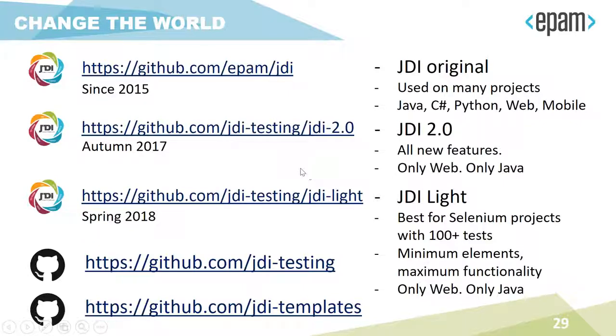In the autumn of last year, we had a new release of JDI version 2.0. We have some architectural changes here, and we put all new features in this version now. So JDI first version is now maintained only for fixing errors and some small issues, but all new features are in JDI 2.0.